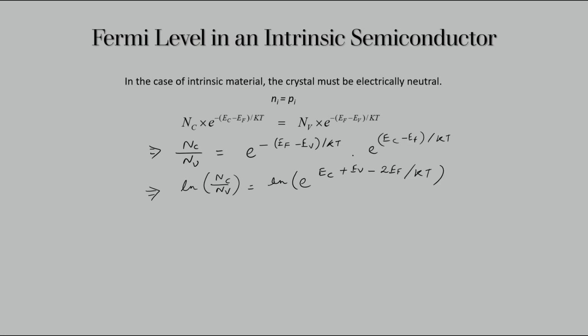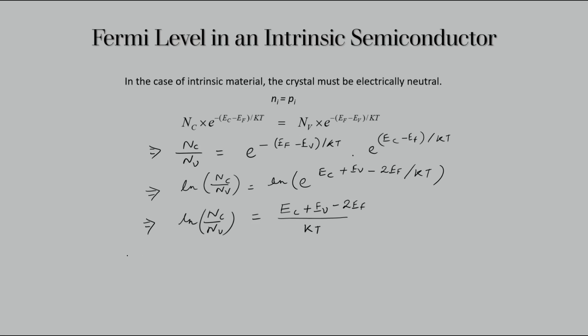Okay, so now on the left hand side we have this term, and on the right hand side the logarithm will get cancelled with the exponential term, and we have (Ec plus Ev minus 2Ef) divided by kT.